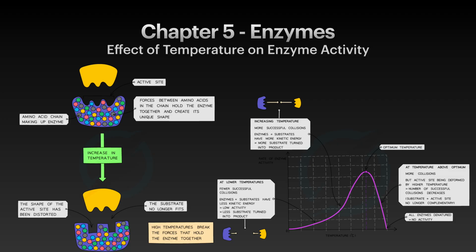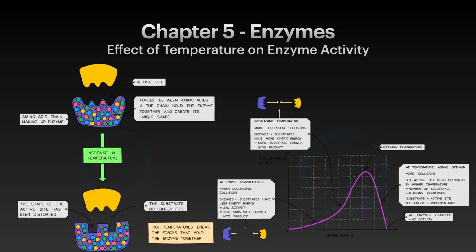Now, what happens if it goes beyond the optimum temperature? Here's where things go wrong. When temperature goes above the optimum, typically beyond 40 to 50 degrees Celsius for humans, denaturation happens. High temperatures break the bonds holding the enzyme in its specific 3D shape. As the enzyme loses its shape, the active site changes shape too.